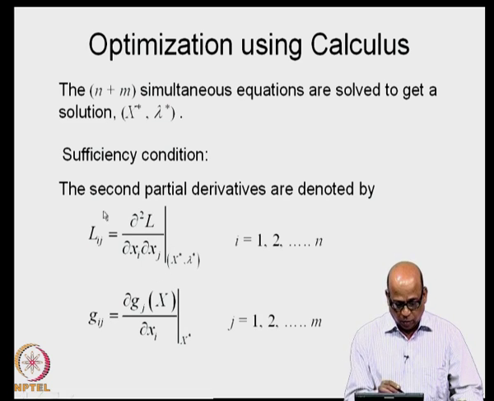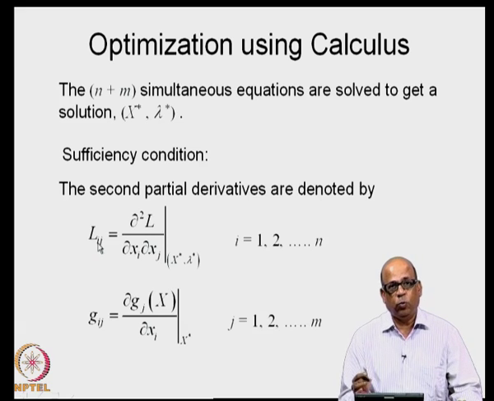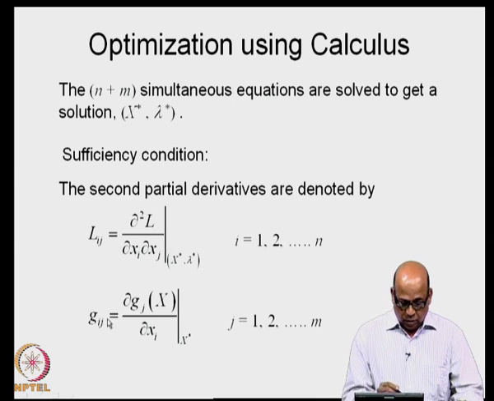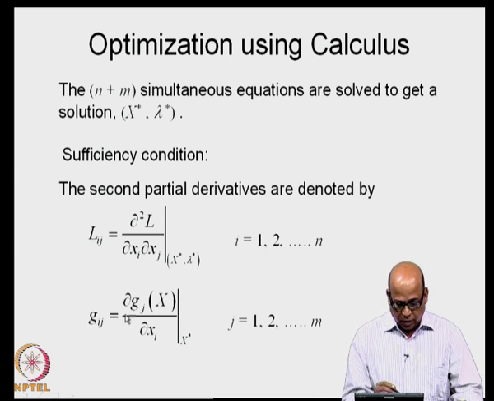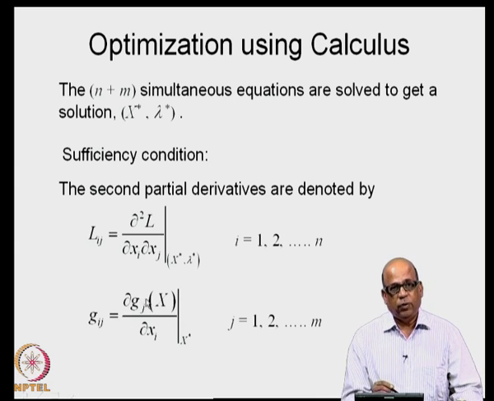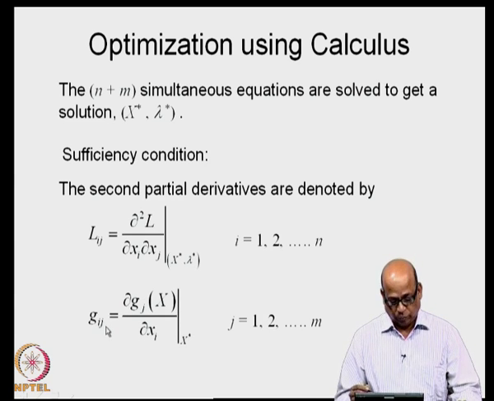So, that is how you formulate L_ij. L_22, for example, will be d squared L by dx_2 squared. Then G_ij you define as the differential of the jth constraint with respect to the ith variable. So, you know G_ij, jth constraint with respect to ith variable.